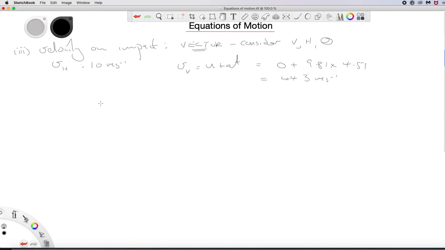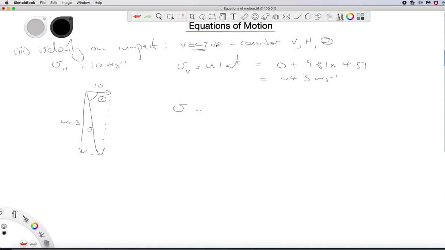So now we have 10 meters per second that way, 44.3 meters per second that way. That's our resultant. That's our angle.